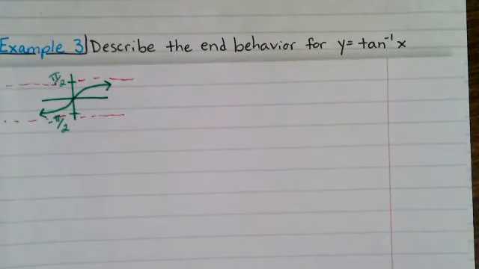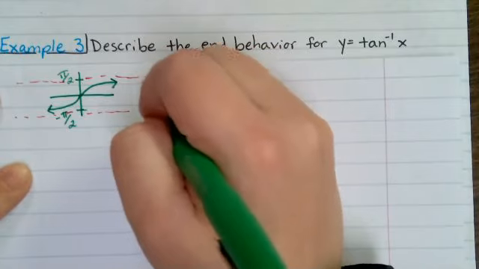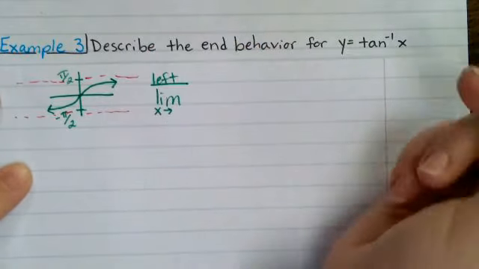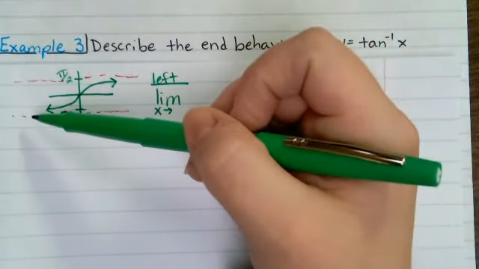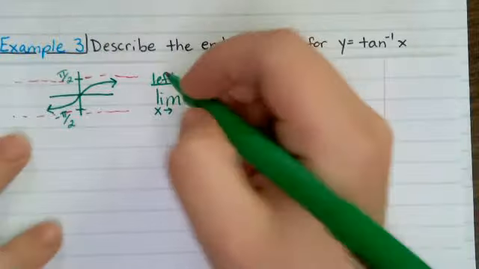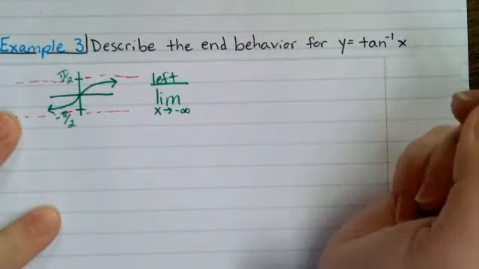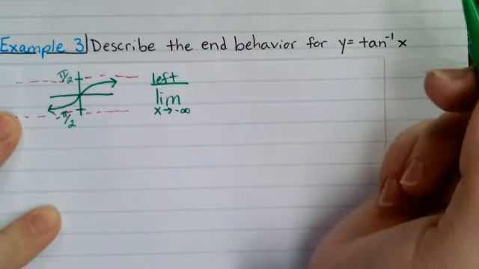So we're going to write our limits for end behavior, where we're talking about what's going on the left, what's going on the right. So on the left side of your function, think about what's happening. As you go to the left, your x's are approaching negative infinity. So you don't even have to write that this is the left side, because this part right here takes care of that for you.